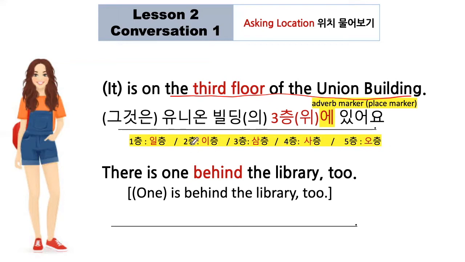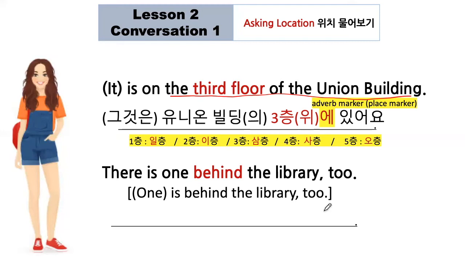And then here, we also delete this part, on, because it is not necessary information. Without on, we can tell that it is on the third floor, okay? And then this of also can be deleted, possessive, right? So we can delete a lot of information if they are not necessary, okay?